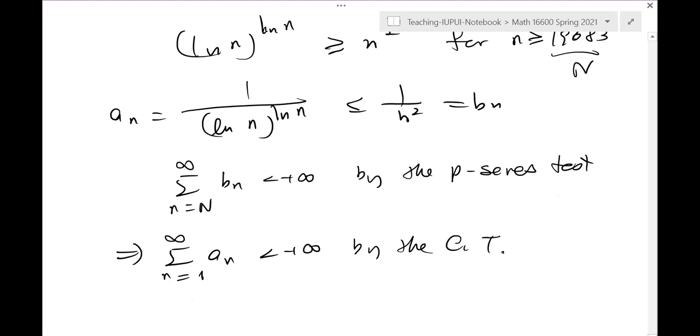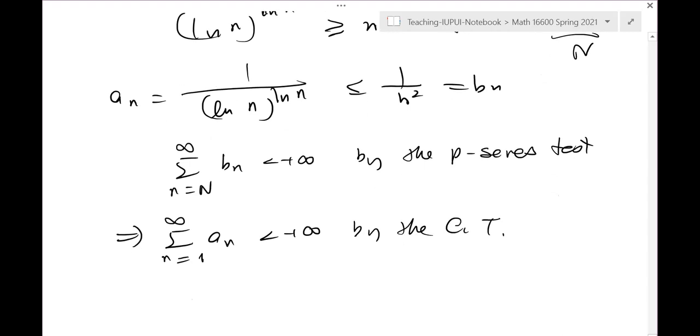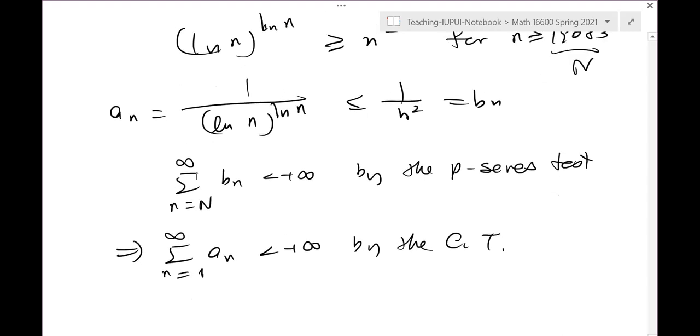I think the difficult part is to figure out which series you're going to compare with. When I look at natural log of n to the natural log of n, I know it grows faster than, it's kind of exponential, but it's natural log.